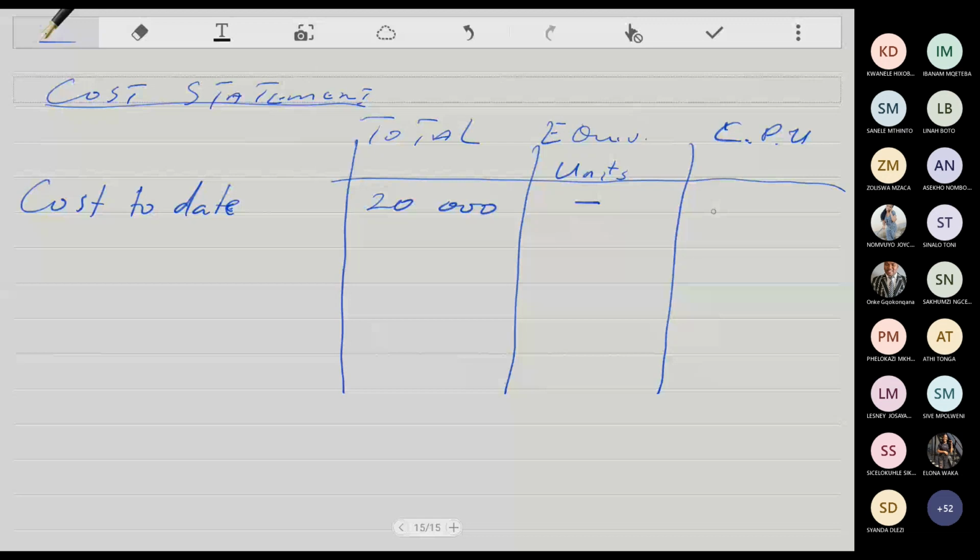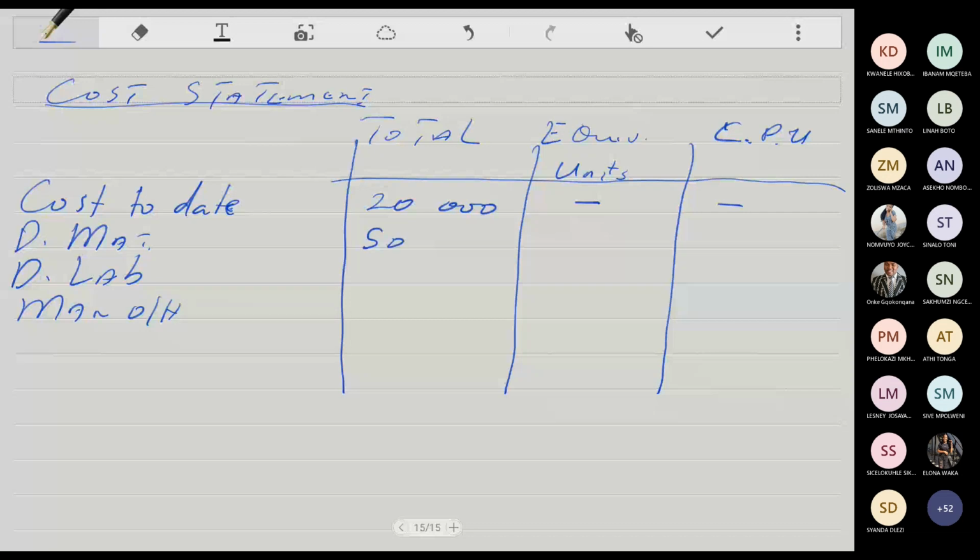So we can't use the current one and say that we do have the equivalent units. No, we don't. We're just putting this one because we need to accumulate the cost. If we left it out, that will mean we're going to report less cost than what we incurred. Then you've got your direct material, direct labor, and your manufacturing overheads.